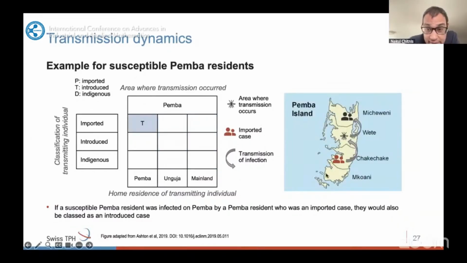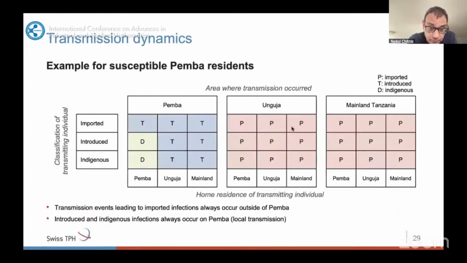Or if they're infected by an imported resident of Pemba on Pemba, they would again be an imported case, right? So this is one transmission away. And if they're a Pemba resident on Pemba, and they're infected by either an introduced or an indigenous case on Pemba, they would be considered an indigenous case. So this is how we build a transmission matrix for Pemba residents, and then we would similarly do this for Unguja and the mainland.